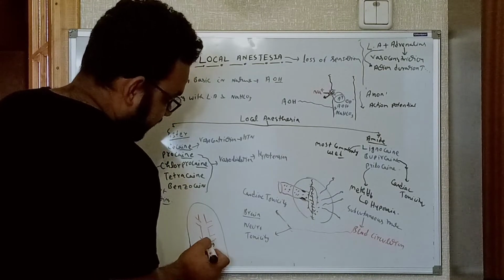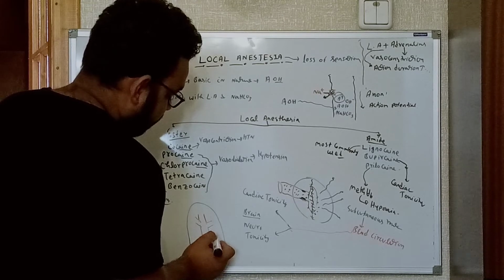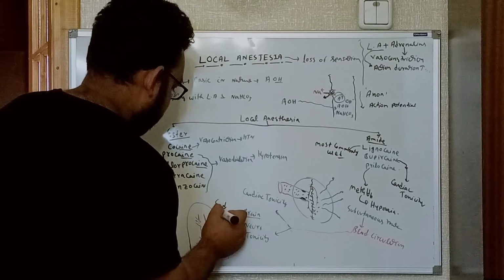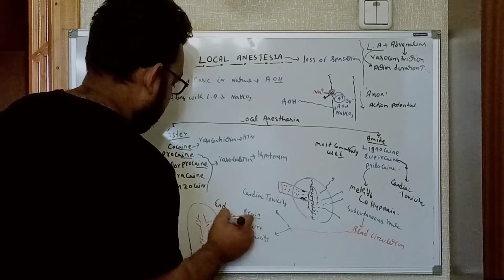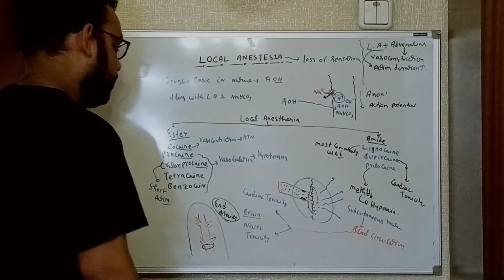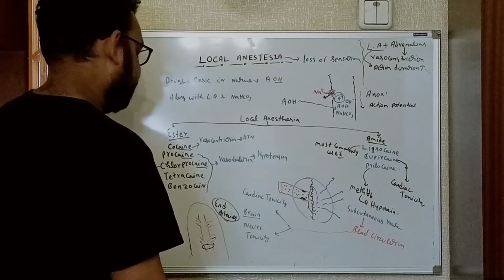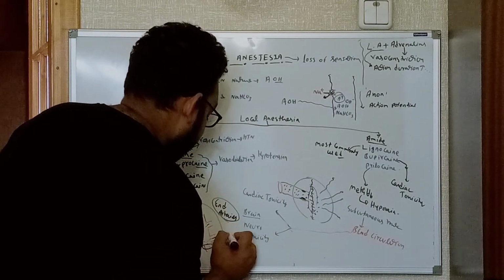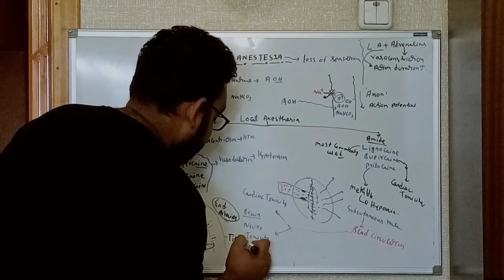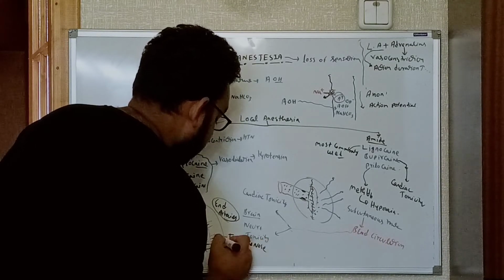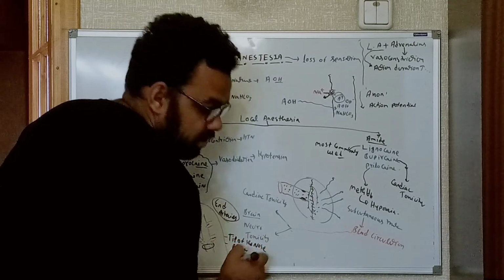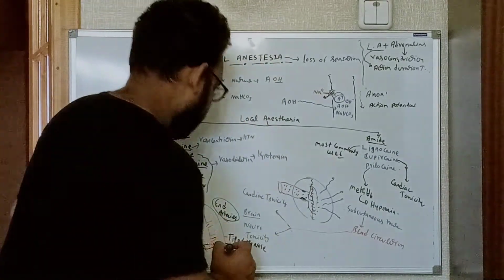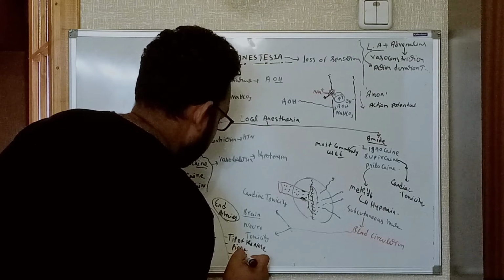After that, there is a chance for the drugs to go within these regions, through this part to the end arteries. That's why in the portions where the end arteries are present, we are not supposed to give local anesthetic drugs. End arteries means, for example, the tip of the nose, the pinna, the external ear. We cannot use these drugs there, and also along with that we cannot use them in terms of the penis. So don't forget about these things.